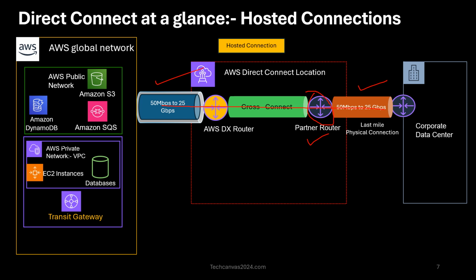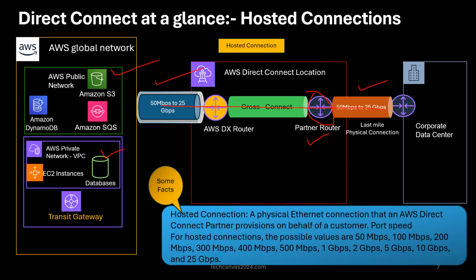It's just the throughput capacity: instead of up to 400 Gbps, it is up to 25 Gbps. Once connected, the mode of connectivity and communication remains the same. You can access AWS public endpoints and AWS private endpoints in a secure, reliable way, right? So that is about the hosted connection.